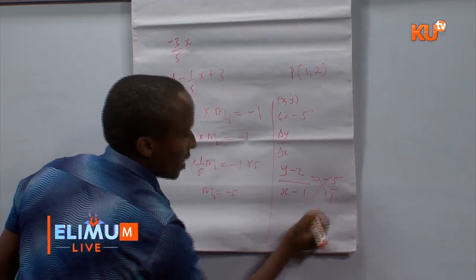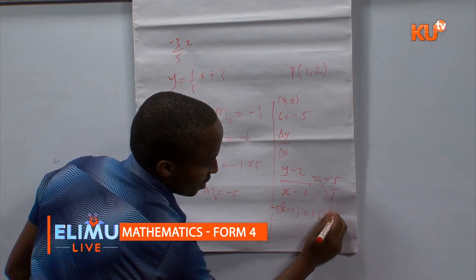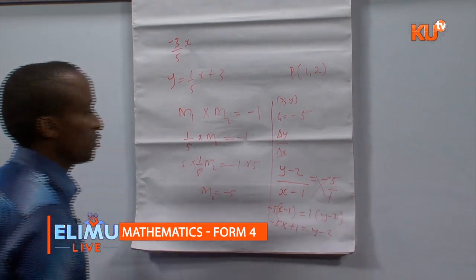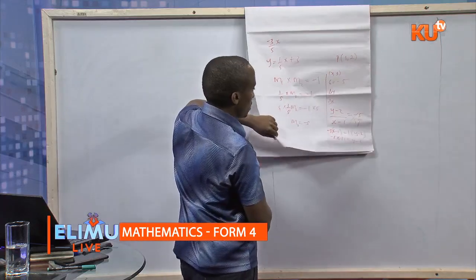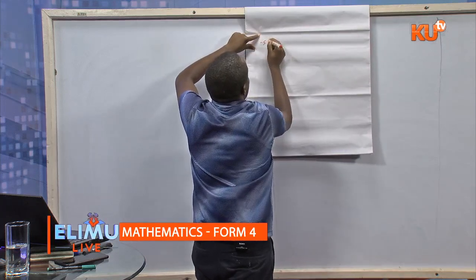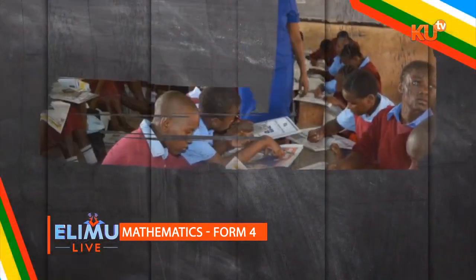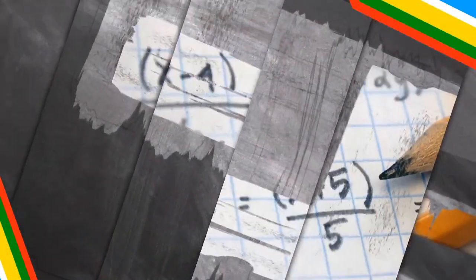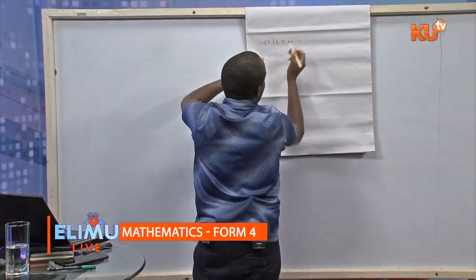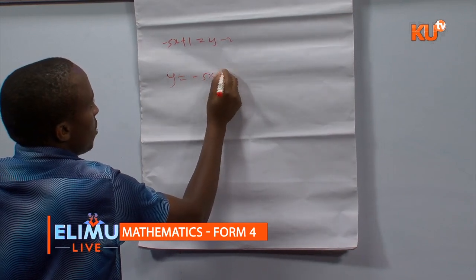Cross multiply, so y minus 2 equals -5 multiplied by x minus 1, which is -5x plus 5. Make y the subject of the formula, so y is equal to -5x plus 5 plus 2.